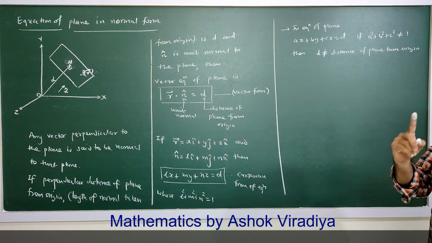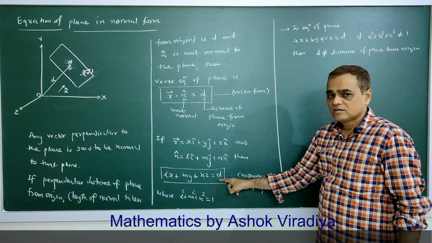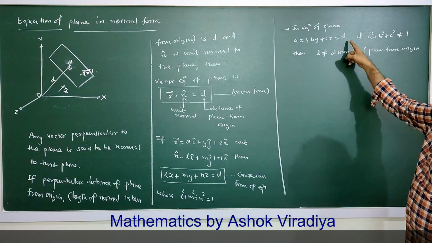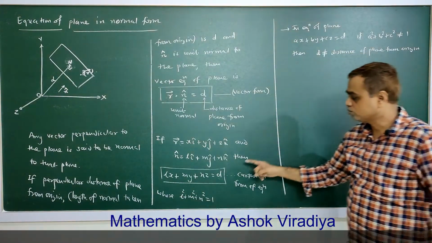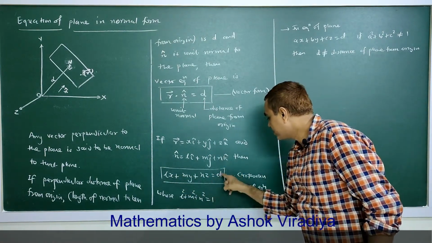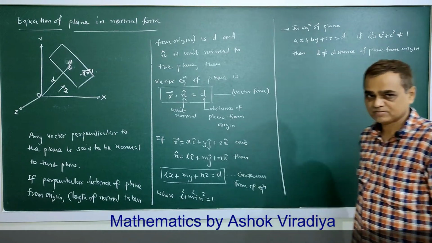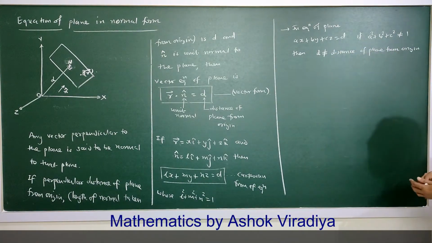So remember, whatever constant is on the right hand side, that constant d doesn't represent distance. To say it is a distance, the sum of squares of these numbers must be 1, then and only then this is a distance. But if the sum of squares of coefficients is not 1, d does not represent distance.